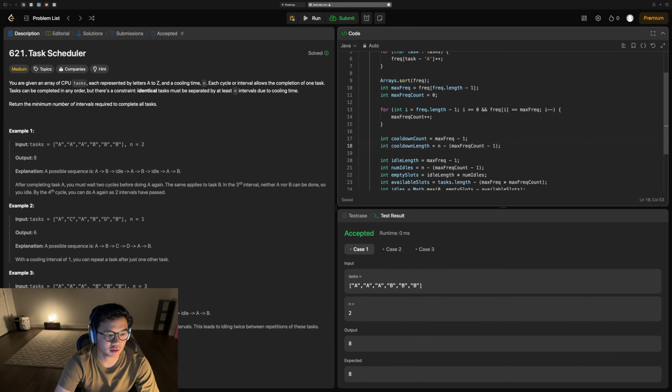That makes sense because every time we encounter a task that has the same frequency as the max frequency count, it's effectively reducing the cooldown time for that task. Okay, so that's done.